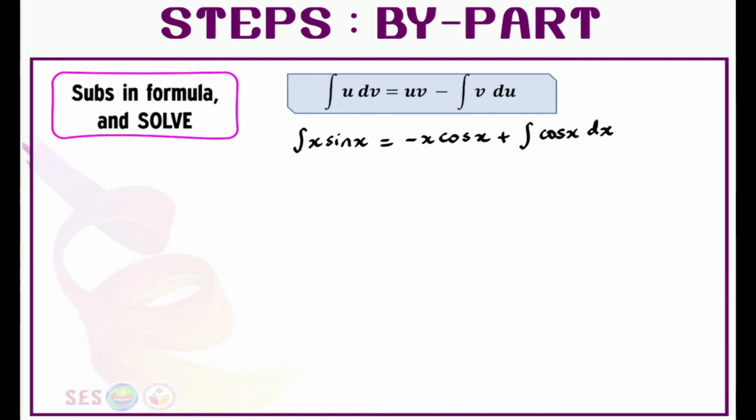So we already get this after we substitute everything in our formula. So as I said earlier, the only part that we need to solve is the integration part. Okay? So continue solving. For the first term, just copy negative x cos x plus, and integration of cos will get sine x. And because this is our final answer, we put plus c. Don't forget that. And we're done.